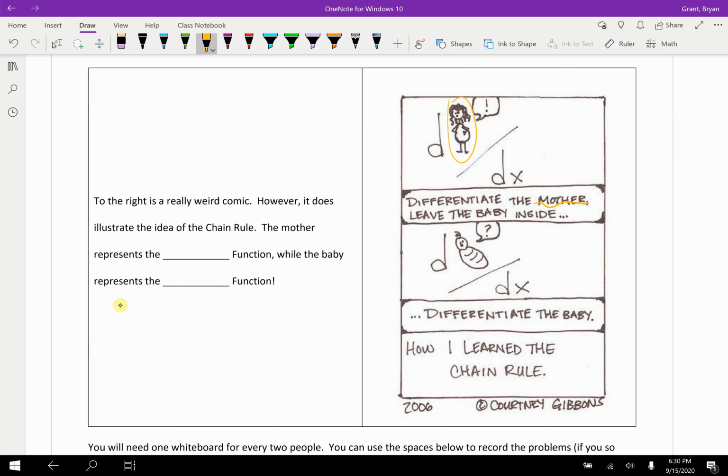You leave the baby inside, and then you differentiate the baby, which is kind of creepy. But we need to realize that the mother represents the outside function, and the baby represents the inside function. You work with the mother first, and then you work with the baby. You work with the outside function and then the inside function. So again, very strange comic, but it makes me laugh in a weird way each time, so I always like to include that.